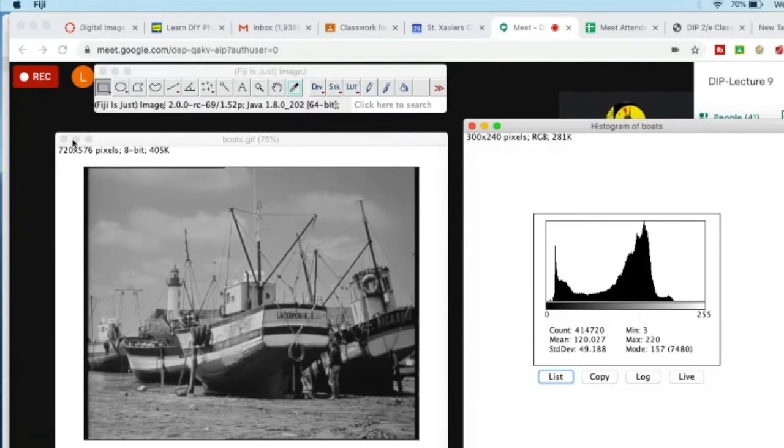I will go to Select and I will crop. When I'm selecting a square, you can see in the Fiji toolbar X, Y, W and H. That XY is telling me the starting point of my square, and this W and H is telling me the size of the rectangle that I'm trying to make.